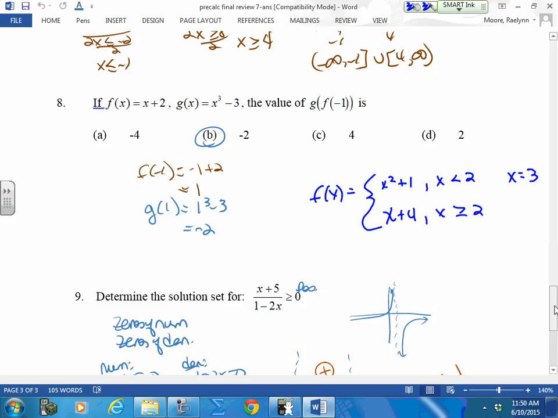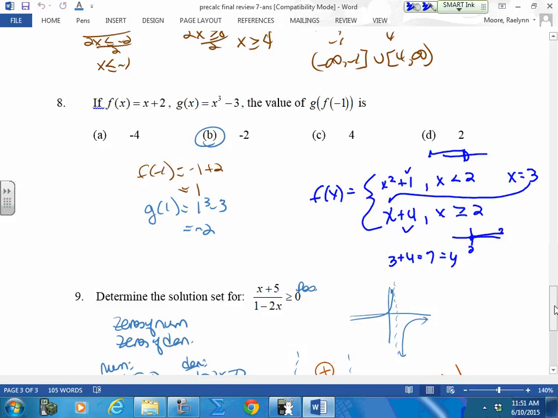What would I plug into? The bottom. How come? Good. Because this domain says from 2 on, use me. This domain says anything less than 2, use me. So 3 is coming over here. So all we have to do is plug this 3 into here, and we get y is equal to 7.